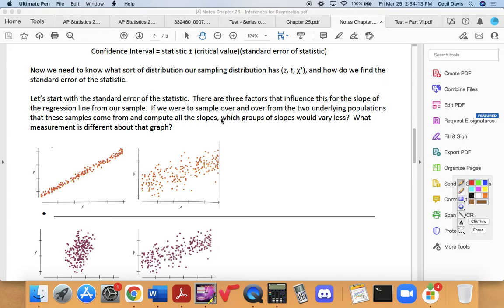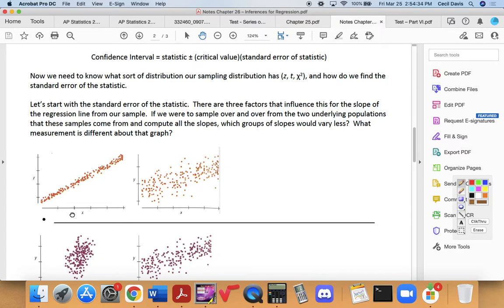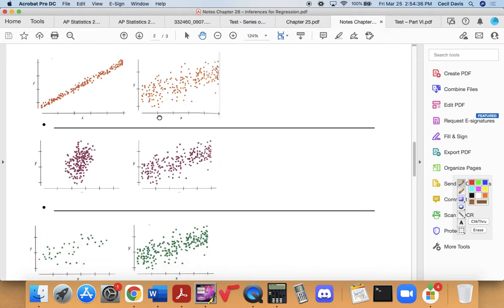So if we were to sample over and over from the 2 underlying populations that these samples come from and compute all the slopes, in other words, if we were to pick some randomly out of this and pick some randomly out of this, which group of slopes would vary less? The left.